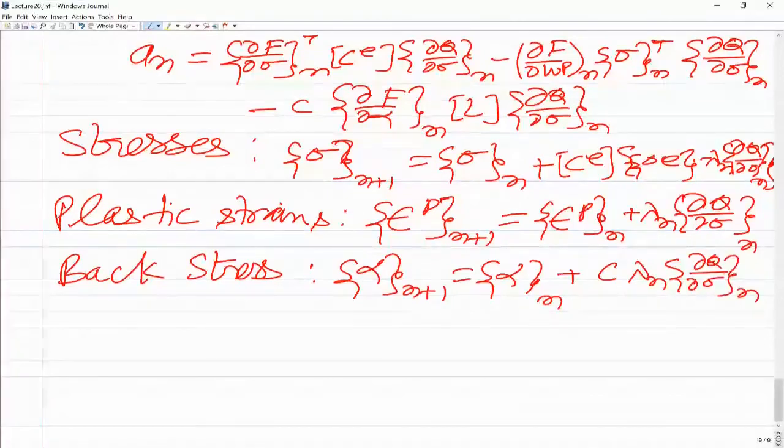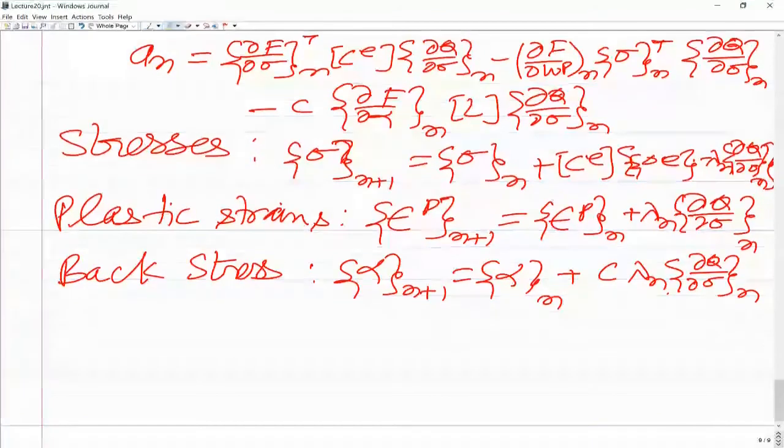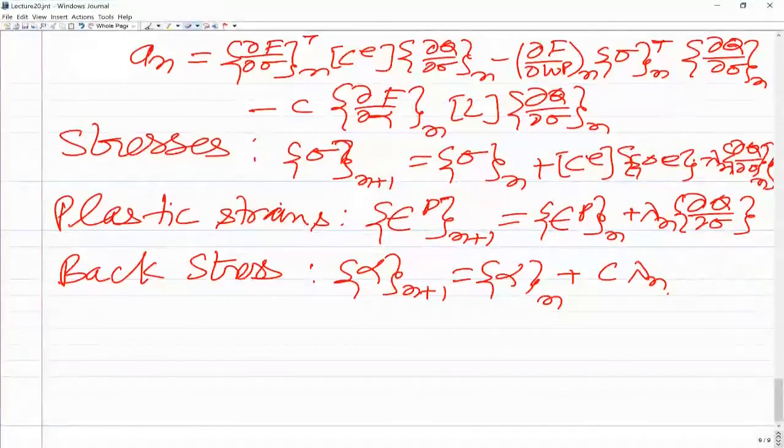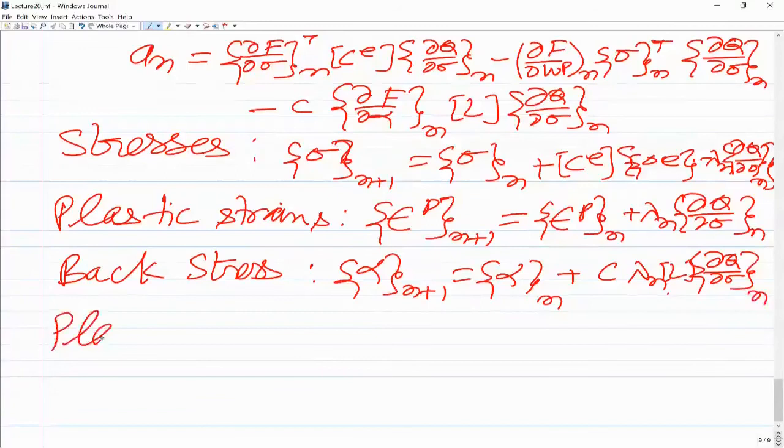Here you have to have this L. So c into lambda n into L, and then you have this del q by del sigma from the previous substep. And then lastly, you also update the plastic work Wp.